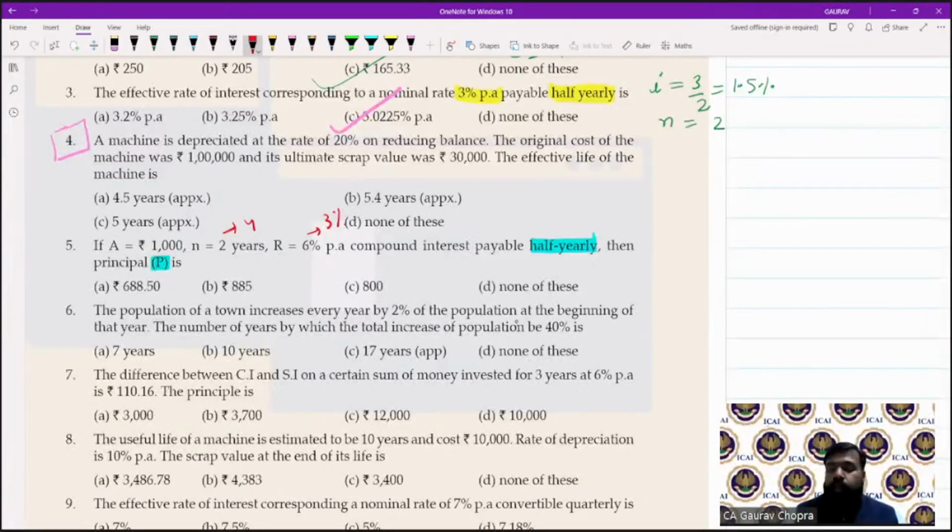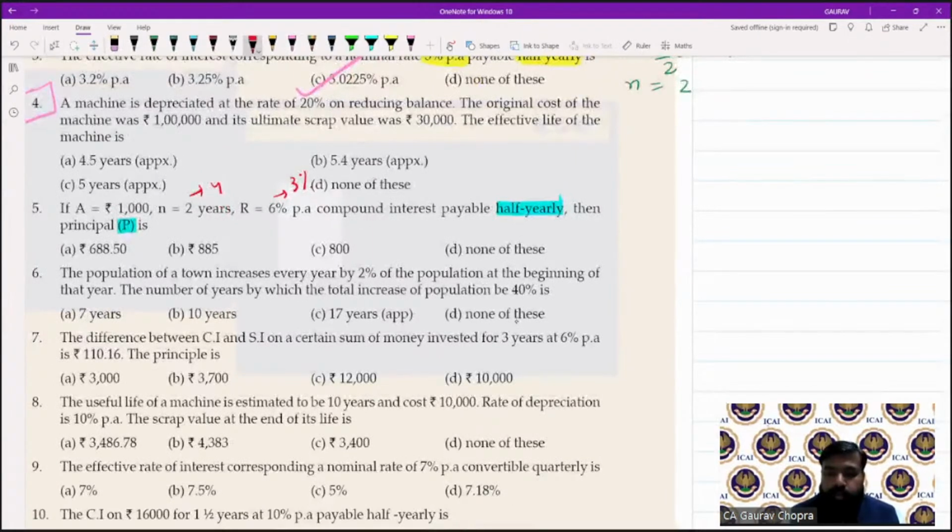Then amount is given, you have to find out the principal. So 1000 is equal to principal, then 1.03 to the power of 4.